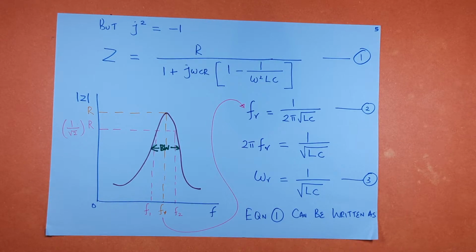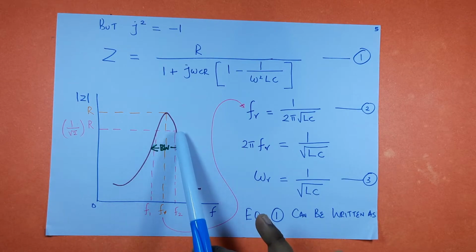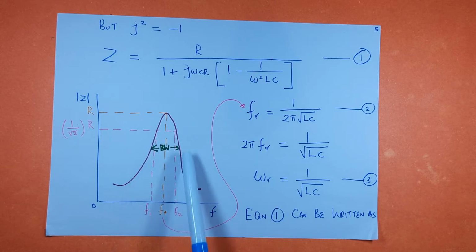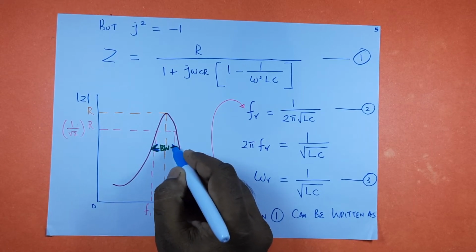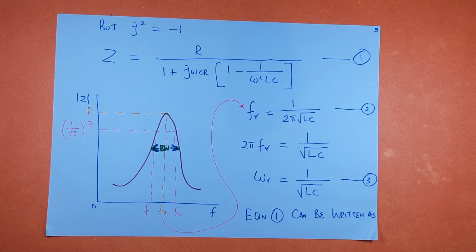At the frequency FR, the resonant frequency, the impedance is the resistance R. And this is the half power point, that is 1 by root 2 multiplied by R. So this is F1, this is F2, and this difference F2 minus F1 is our bandwidth BW.